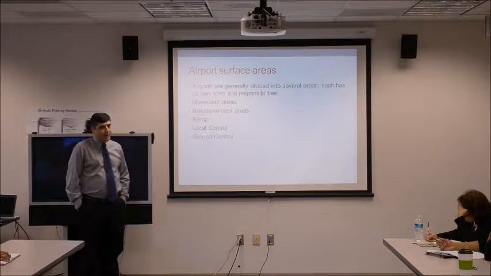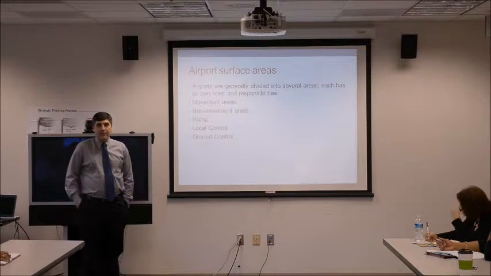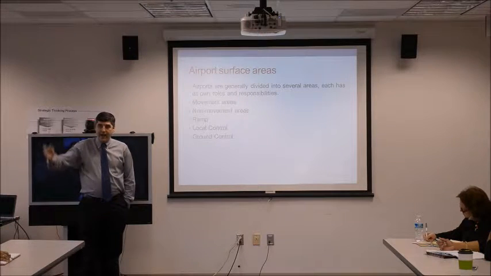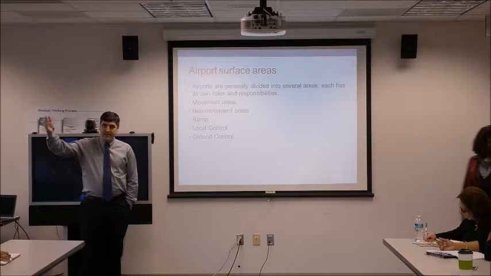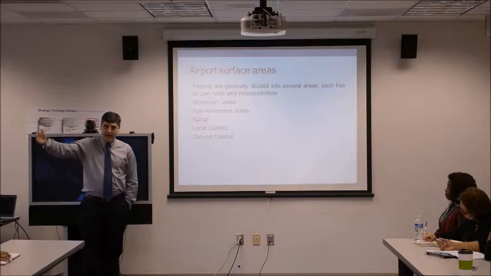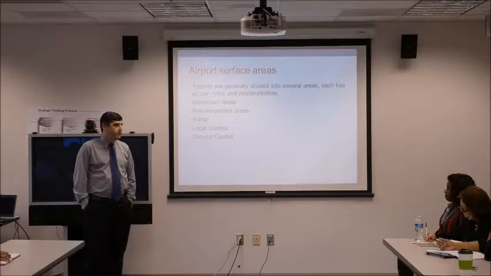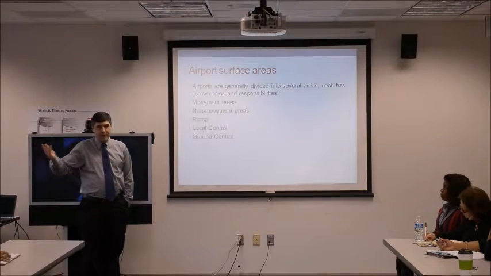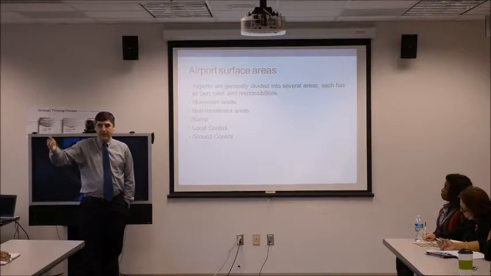So as I just said, ramp control is not a federal function. At Atlanta, just as an example, Atlanta's a Delta hub. Delta is who employs ramp control at Atlanta Airport. Same thing when I was at Charlotte, US Air was their hub. US Air ran ramp control.